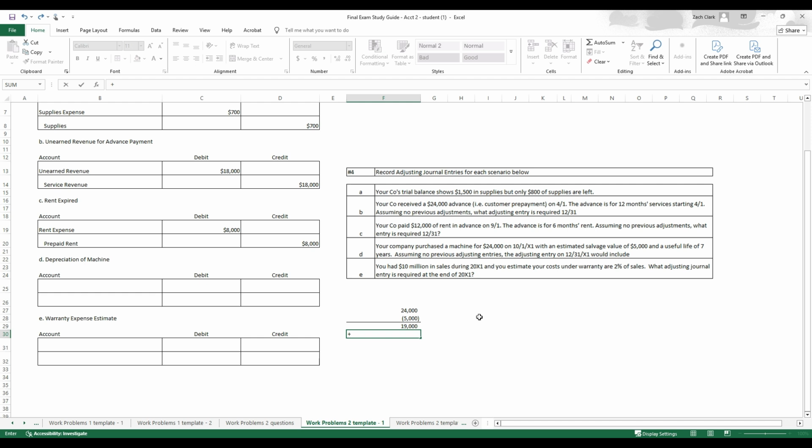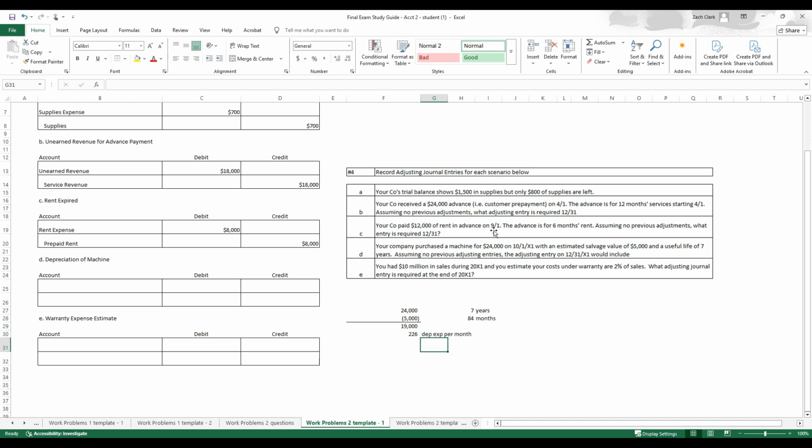Say it's a 7-year life, and because we're going to want months here, that is equivalent to 84 months. So depreciation per month is 226 point 19, whatever. We'll just round it to 226, and we'll say depreciation expense per month.